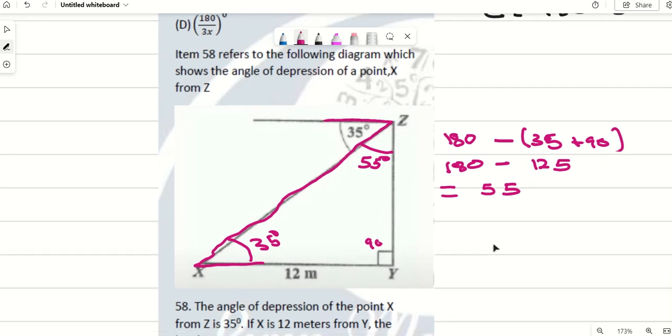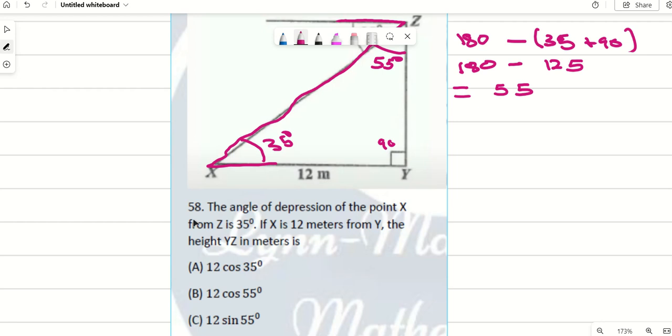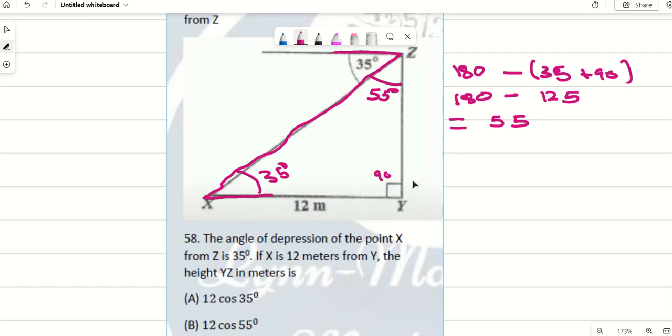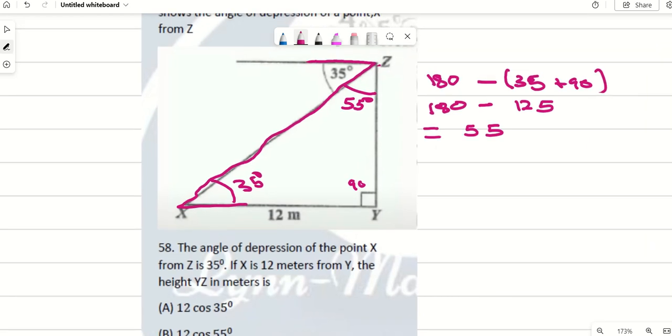They said the angle of depression of point X from Z is 35. X to Y, so this here is 12 meters. The height of X, Y, Z in meters is YZ. So they're trying to find out this line here. So first off, let us look at if we were to use this 35 degrees angle.